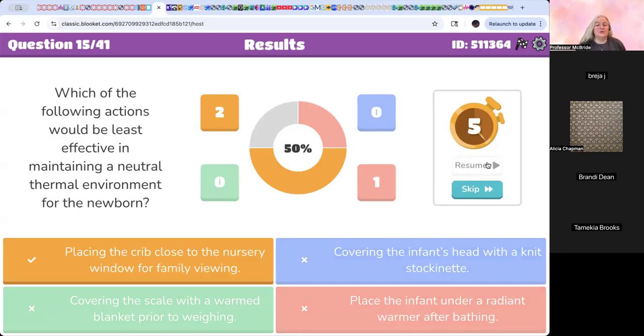Placing the crib close to the nursery window would be least effective, because that has the possibility of being drafty and the baby could get cold. We want to maintain that neutral thermal environment. Basically, we don't want our baby to get cold. All of these other ones are aimed at keeping our baby warm.